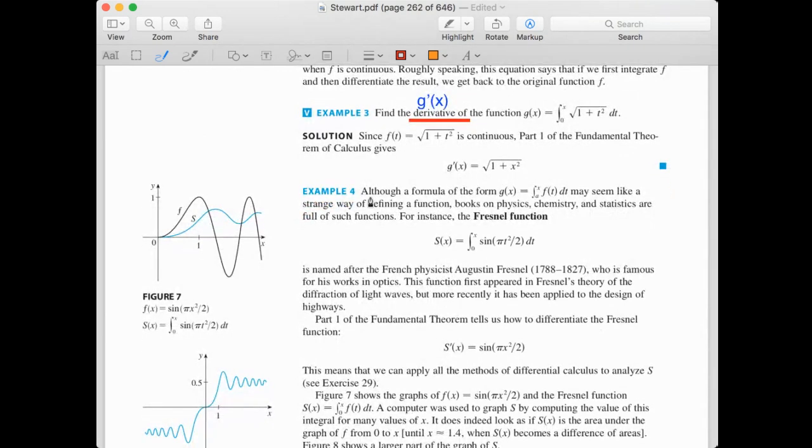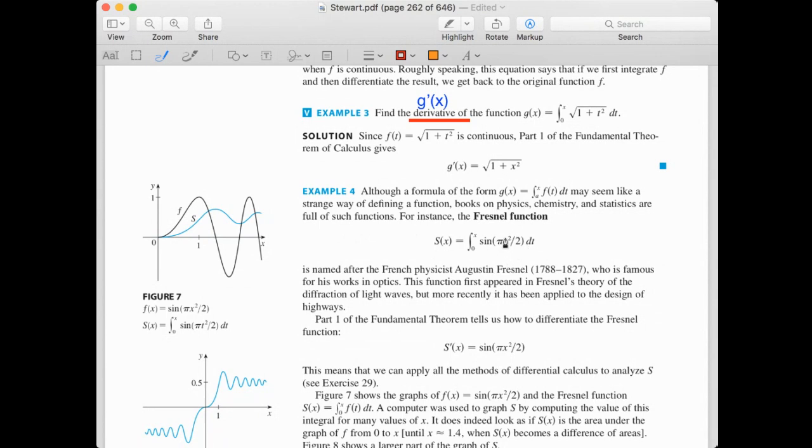Example 4 says, although a formula of the form g of x equals an integral may seem like a strange way of defining a function, books on physics, chemistry, and statistics are full of such functions. For instance, the Fresnel function is defined as S of x equals the integral from 0 to x of sine of pi t squared over 2 dt.